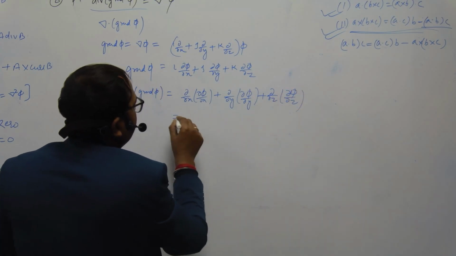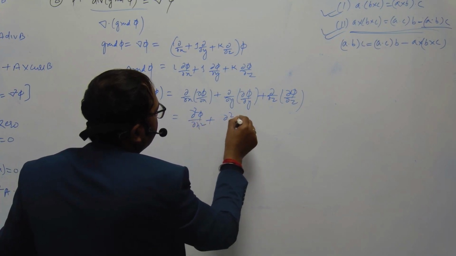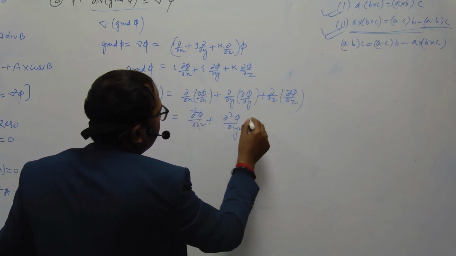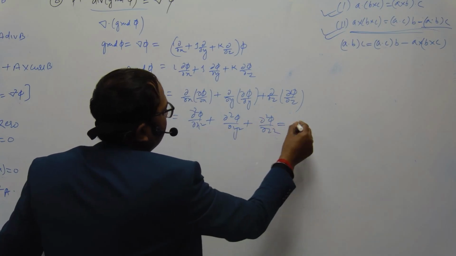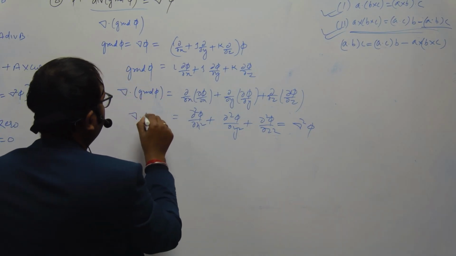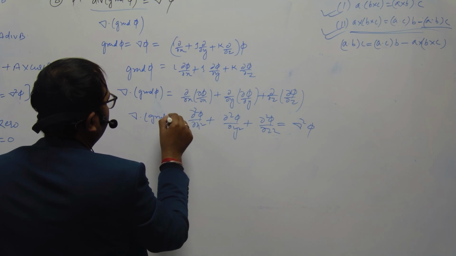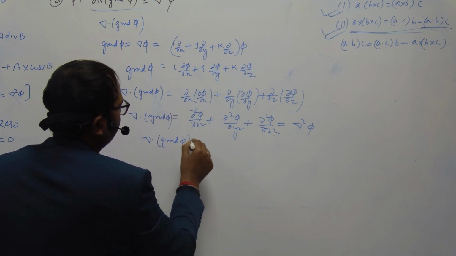So this is nothing but del square phi upon del x square plus del square phi upon del y square plus del square phi upon del z square. This is nothing but del square phi. So del dot gradient of phi is equal to del square phi.